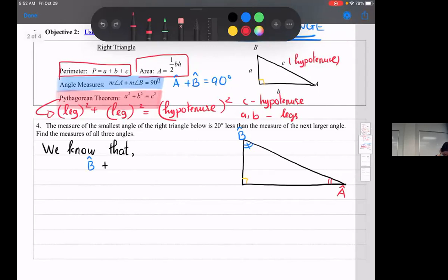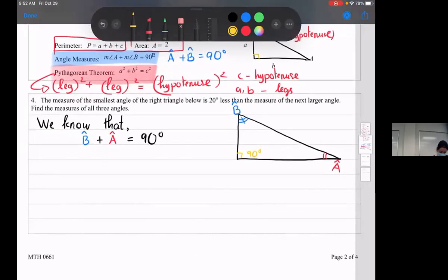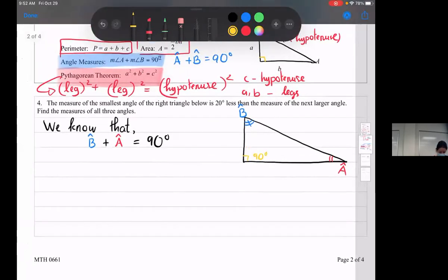Well, this guy is 90 right here. So the sum of the remaining is 90, right? I know that B and A must add up to 90 because the total has to be 180. All right, so B plus A is 90, but now I have to narrow down to one variable.